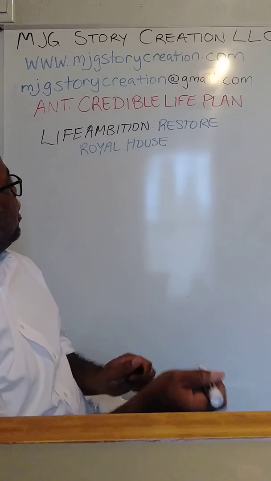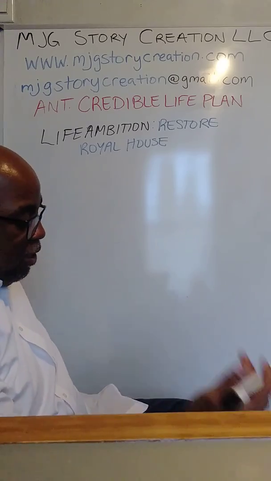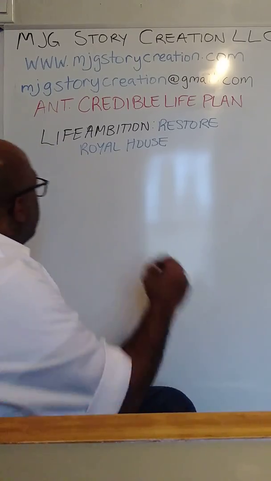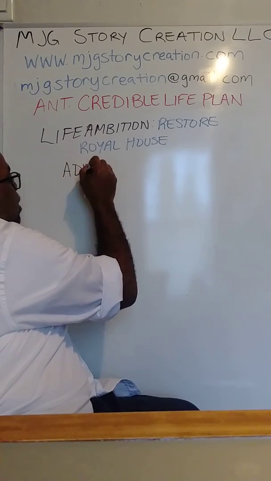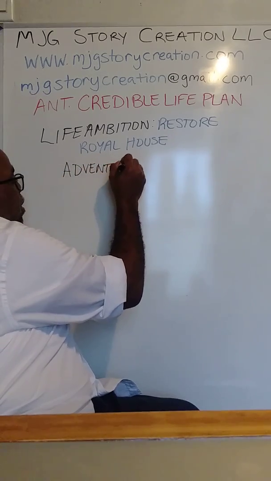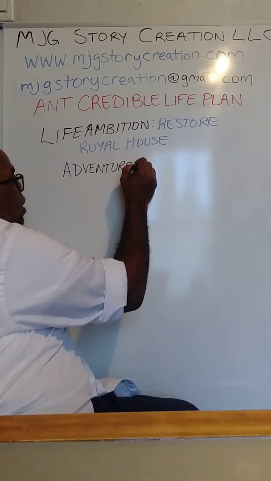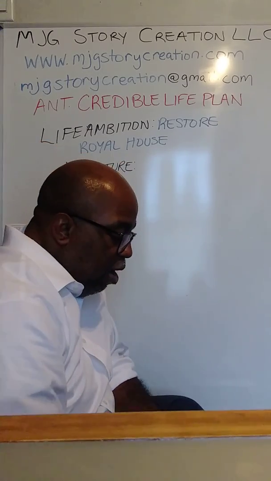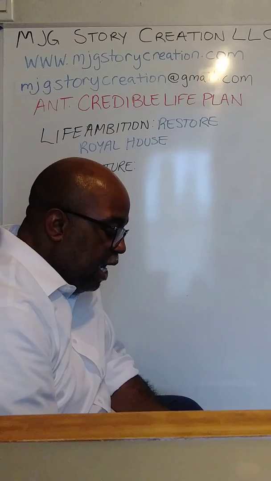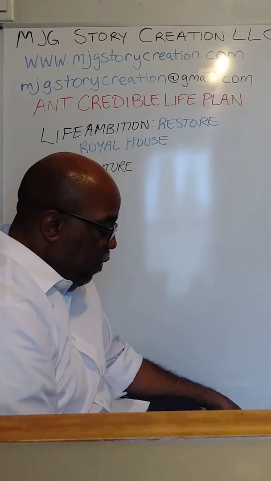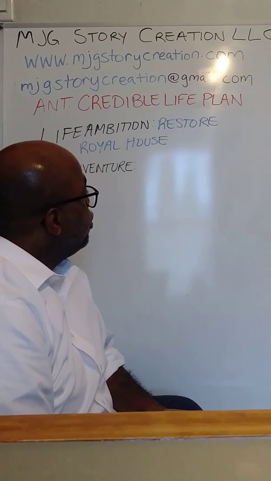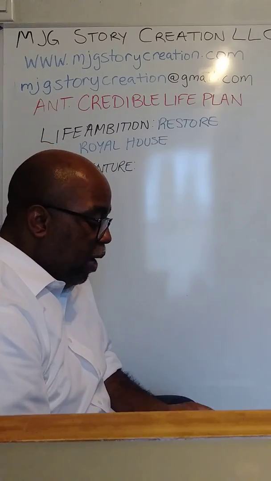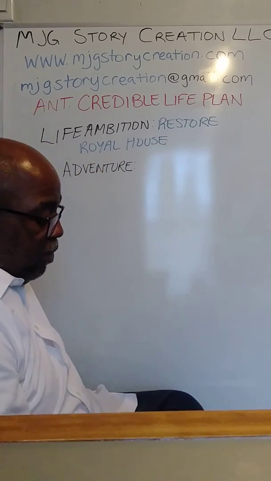All right. So we have one life ambition, and of course, we go down the line. So in her adventure, which is happening simultaneously with our protagonist, they need to win the government grant.